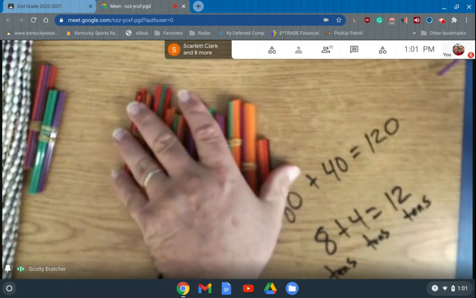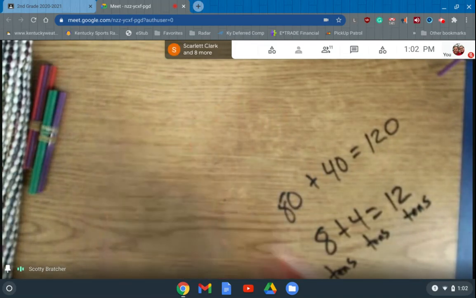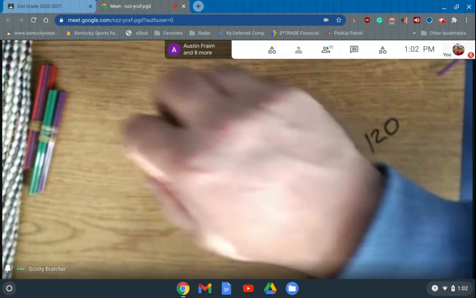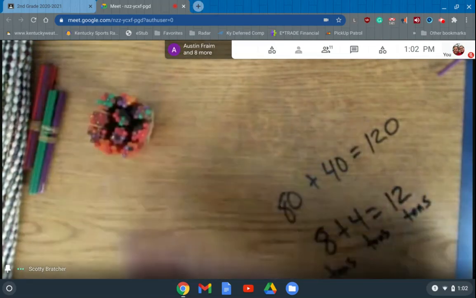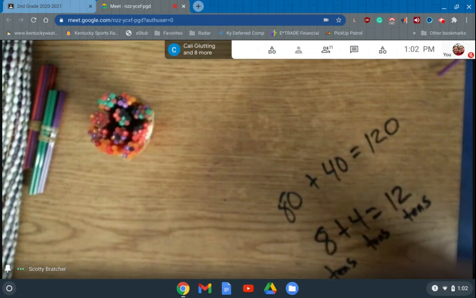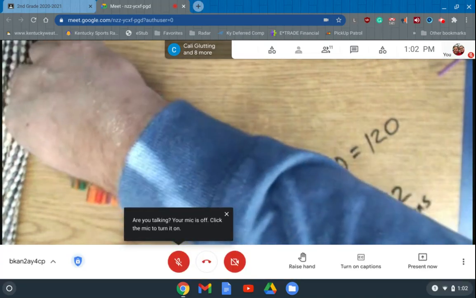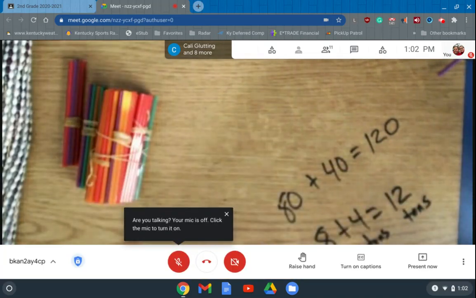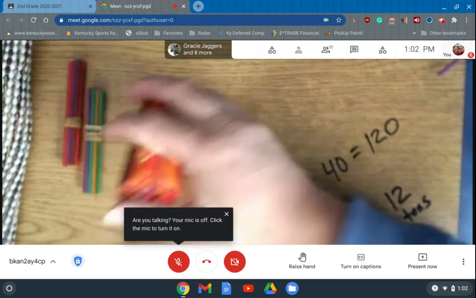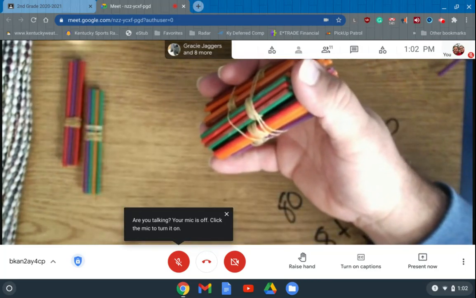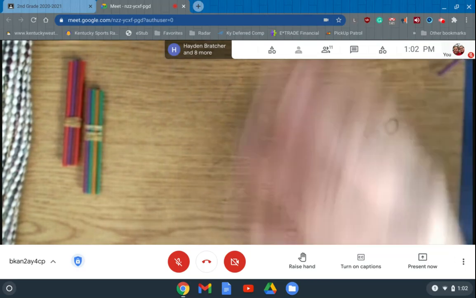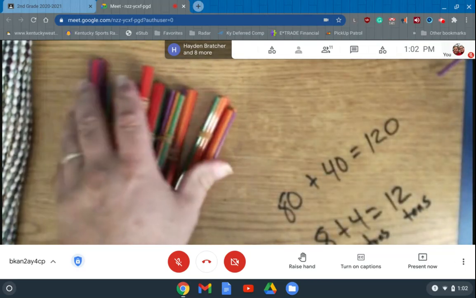I took 10 of them and I put a rubber band around them and I made that super bundle. Now, would it be easy for me to pick up 100? Yeah, I could just go boom. I got it.